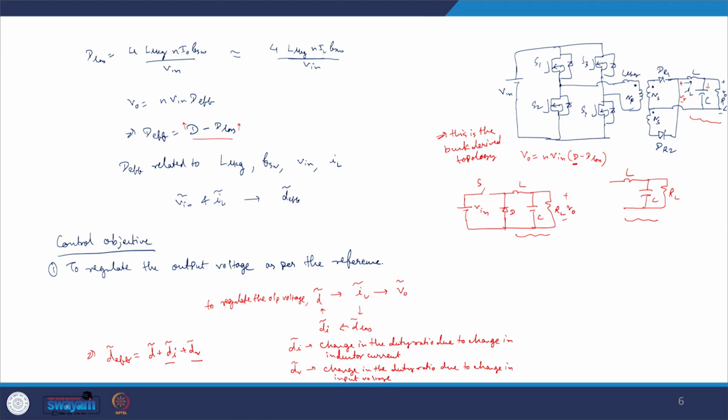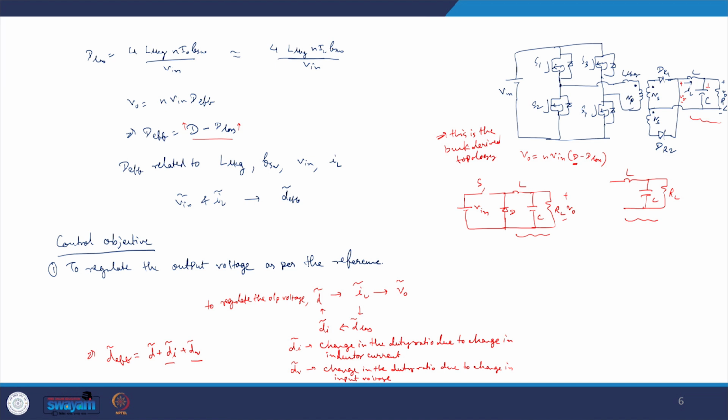Further, when input voltage changes, the D loss changes, which impacts the duty ratio. So, the Dv tilde term also needs to be added to see the effective change in the duty ratio, which is defined in D effective. So, the dynamics in the D effective is the combined dynamics of D, Di and Dv.